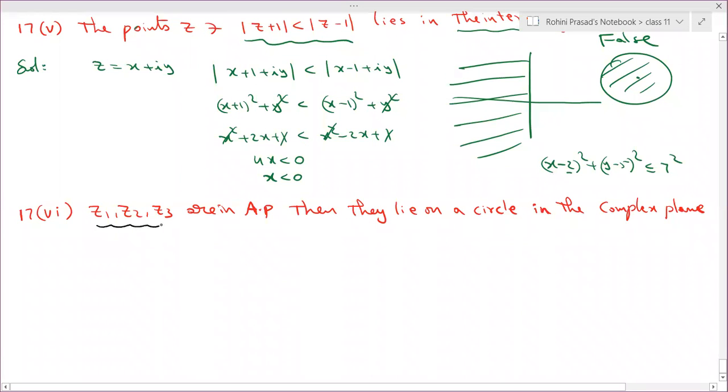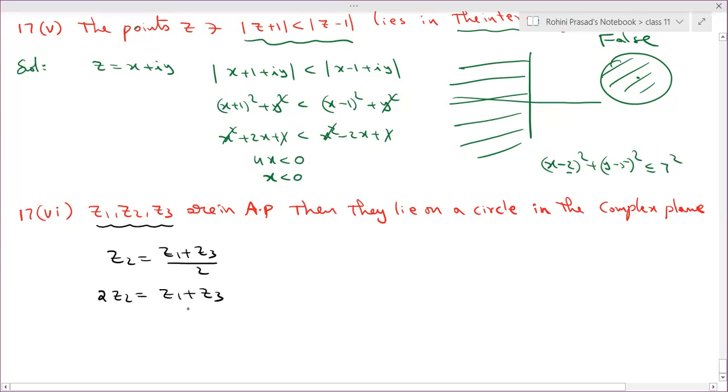So they have given Z1, Z2, Z3 are in AP. That means Z2 equals Z1 plus Z3 by 2. So the average of the first and last is equal to the second one. So automatically you get 2 Z2 equals Z1 plus Z3.